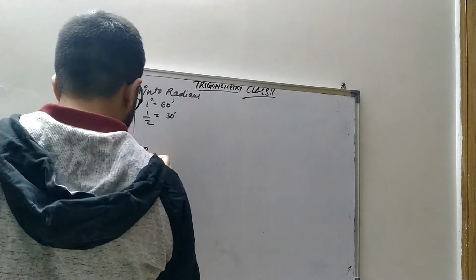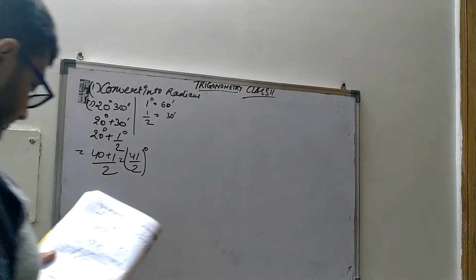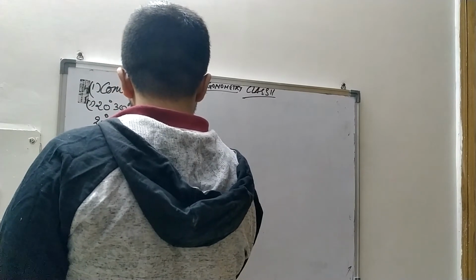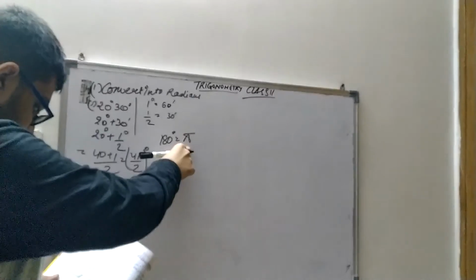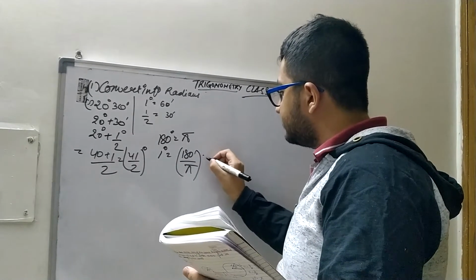41 by 2 degrees. And we know that in radians 180 degree is equal to pi. So 1 degree is equal to pi upon 180 radian measure.